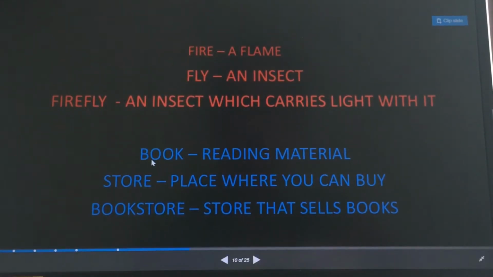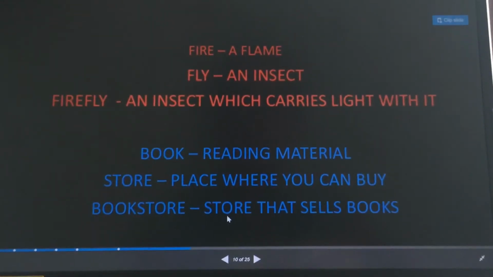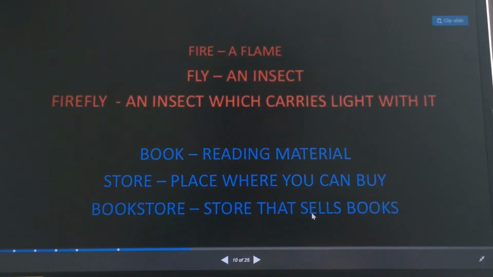When you say book, that means reading material. When you say store, it means it's a place where you can buy. And when you put them together, book plus store, it becomes bookstore. It has different meaning now. When you say bookstore, it means it is the store that sells books. Got it?